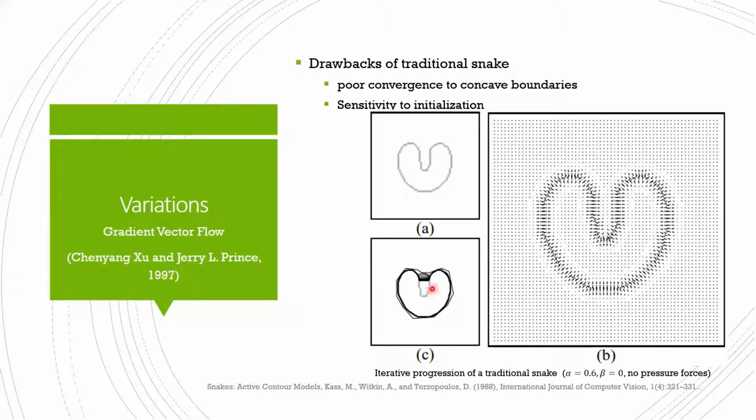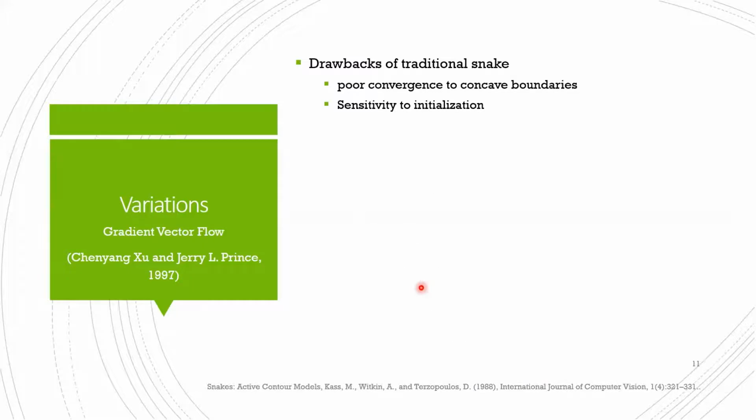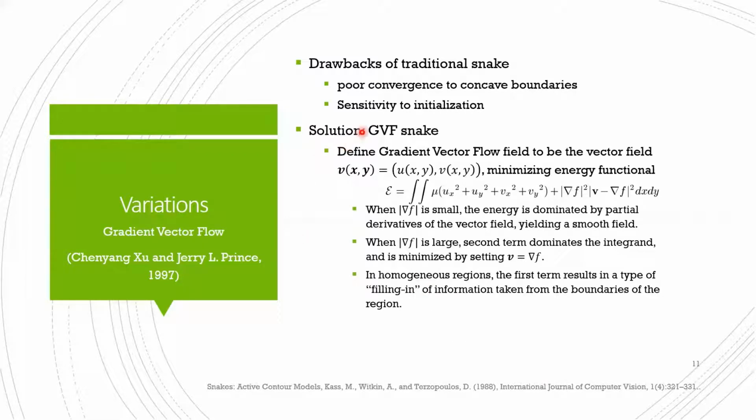That's why it is stopping here and is not able to follow this concave region. For this, the idea is the gradient vector flow snake. This is called GVF snake.